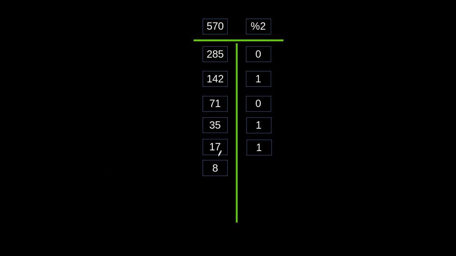So this is the last one I think we got. 17 divided by 2 is 8 and remainder is 1. 8 divided by 2 is 4, remainder is 0. 4 divided by 2 is 2 and remainder is 0. 2 divided by 2 is what? 1 and remainder is 0.